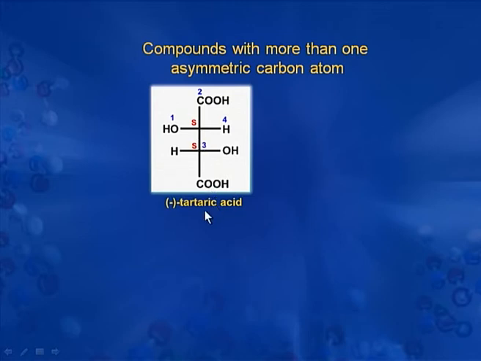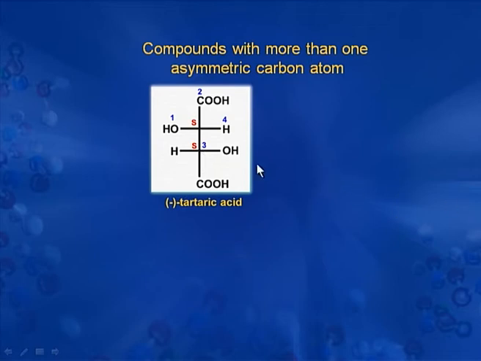We want to assign the configuration at this asymmetric carbon atom. The groups attached to this carbon are carboxyl, hydrogen, hydroxyl, and the remaining fourth group is actually this remaining part of the molecule. It is attached through carbon. So, the first atom at this first level we will consider as carbon. Now, let us assign the priorities.